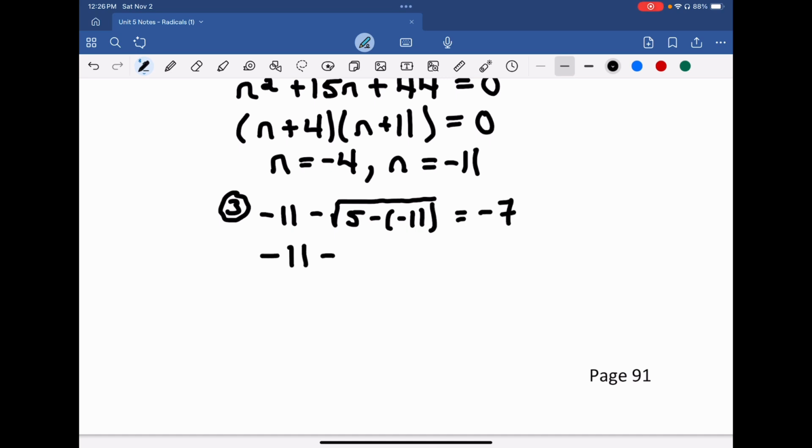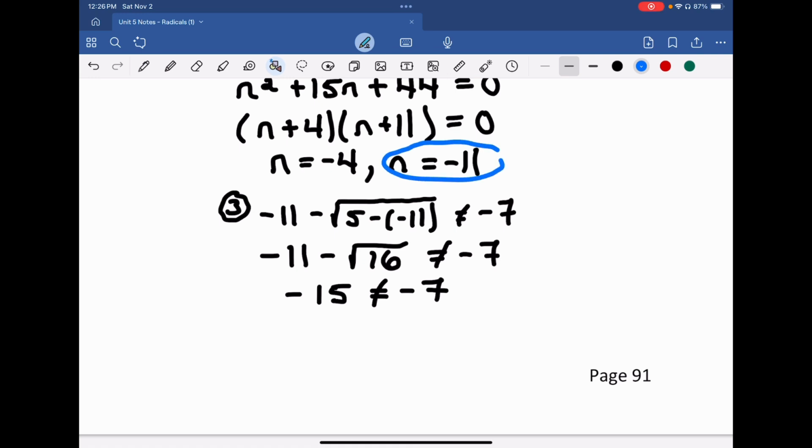This is negative 11 minus the square root of 16, which gives us negative 11 minus 4, that's negative 15, is equal to negative 7. No, this is not true. As soon as we figure out that it's not true, go back up to your n equals negative 11, cross it out, and write ext. So extraneous, we want to make sure it's out of there.